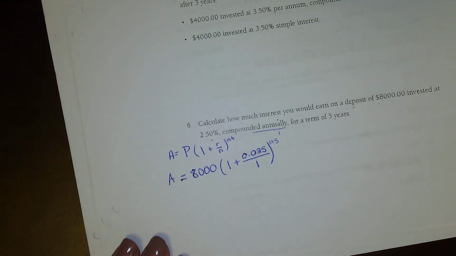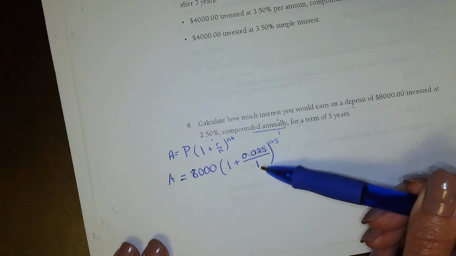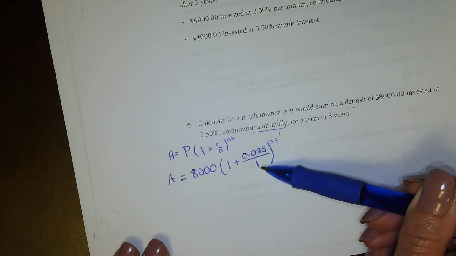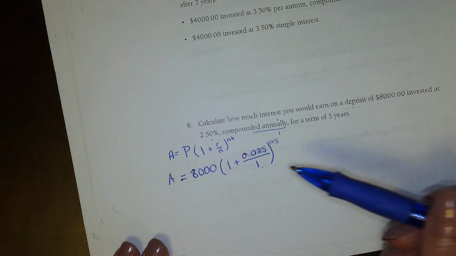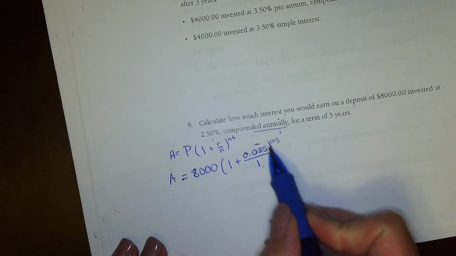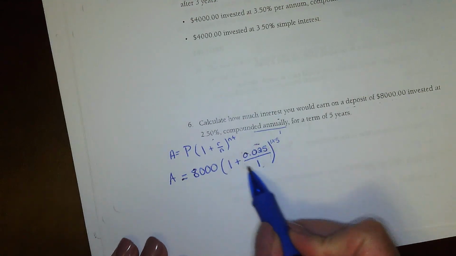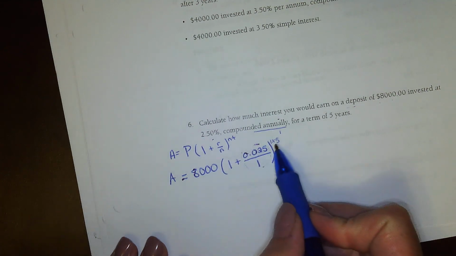Alright, so let's go ahead and calculate some of that. I'm just going to go 0.025 divided by 1. That is still just 0.025. Then I add that. I have to do things in order of operations. So always start with this division, then add it to 1, and then raise it to the exponent.